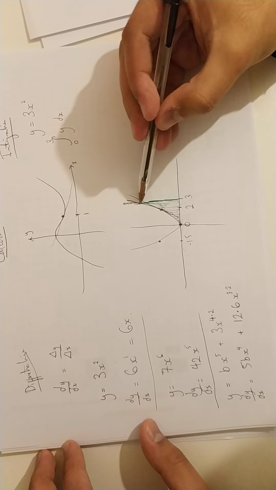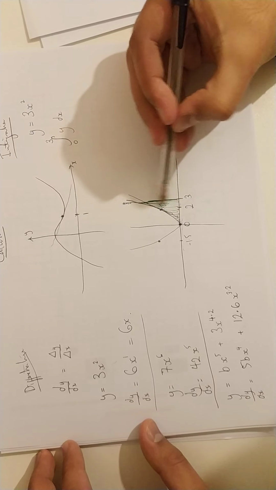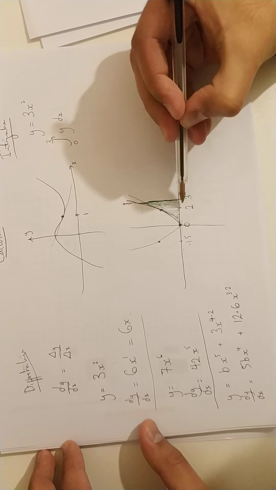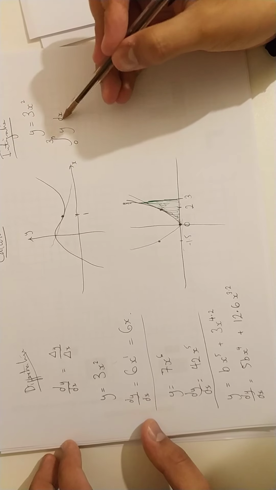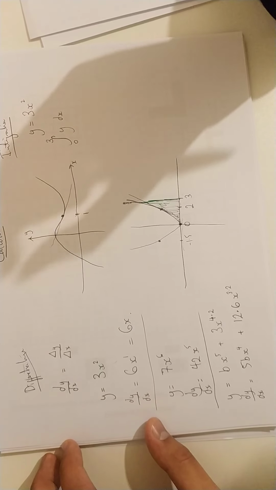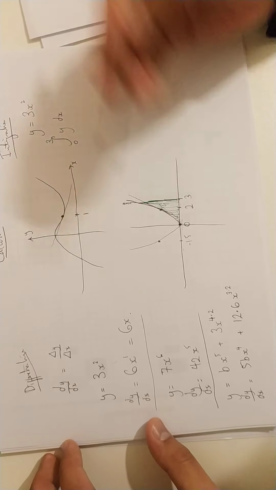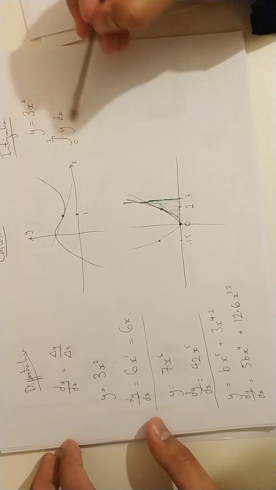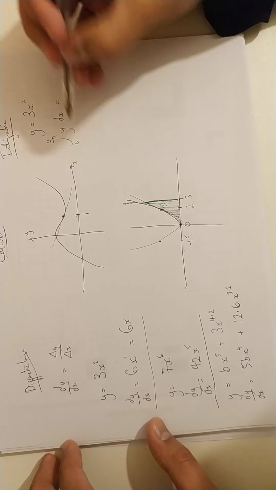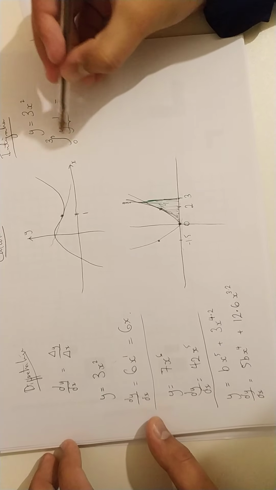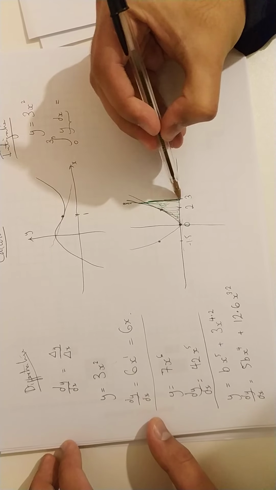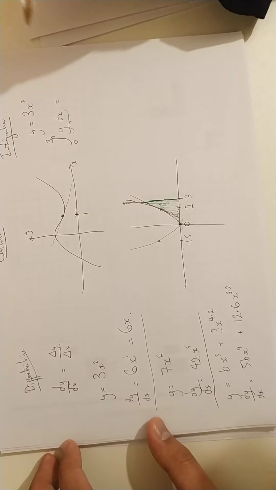If you break this down into tiny strips, you're adding up all of them between 0 and 3, and the width is going to be a dx, which is an infinitesimally small size. So that's what you're doing, you're adding up these tiny strips, and that obviously gives me an area. This here is the area of each singular strip, where the height is y and the width is dx.